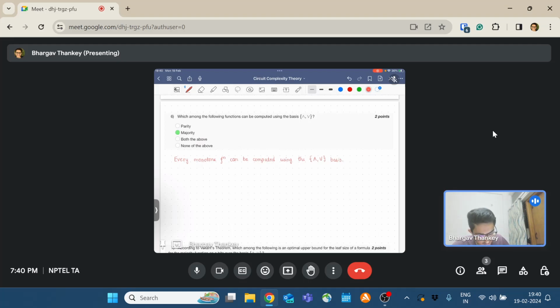So we saw this last class in the last problem solving session, and we also know that majority is monotone.